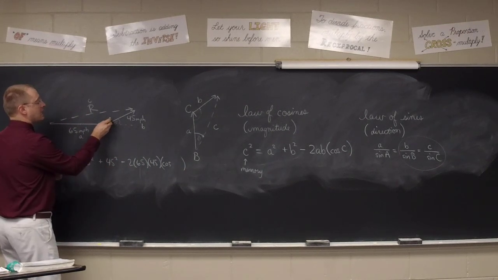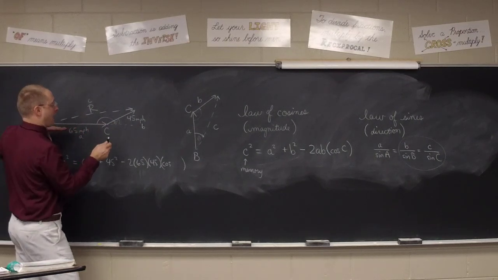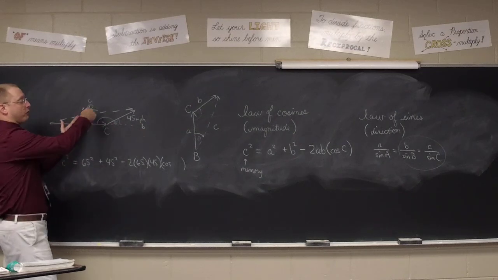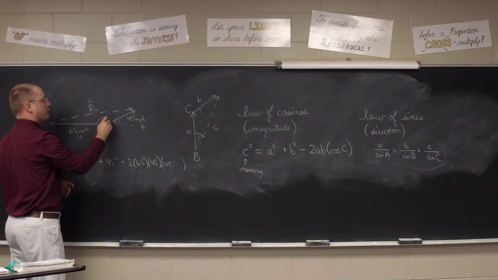Angle C is that angle. We don't know angle C. Oftentimes you'll have to find angle C. What is angle C, class? Careful. 150 degrees. We know that if the air were going due east also, there'd be a full 180 between them, right? They'd be collinear. But there's 30 degrees off of that, so there's a 150 degree angle.